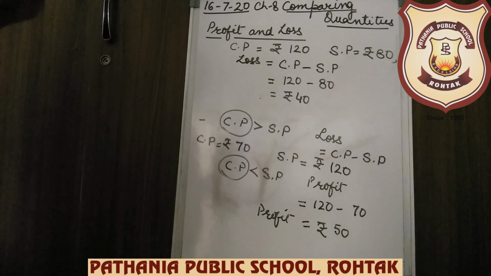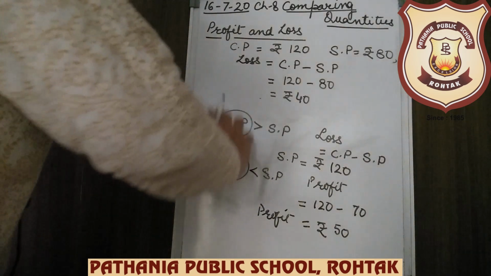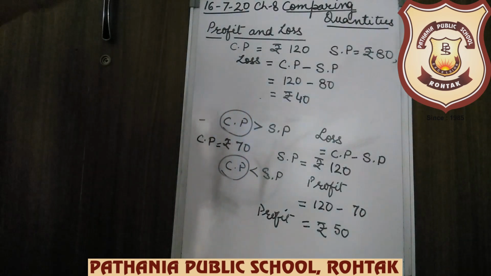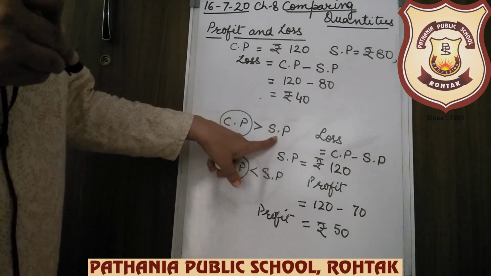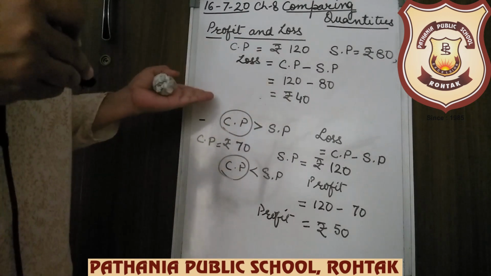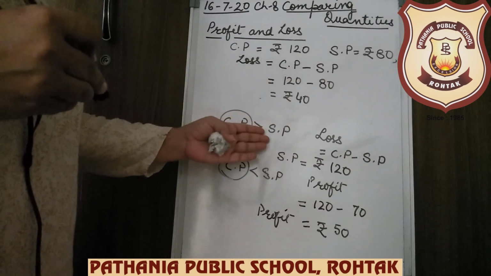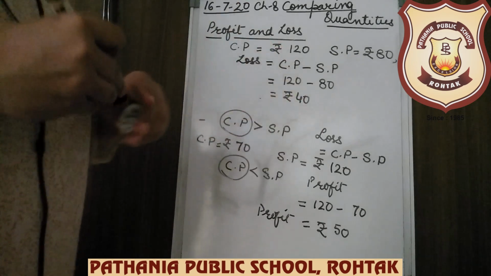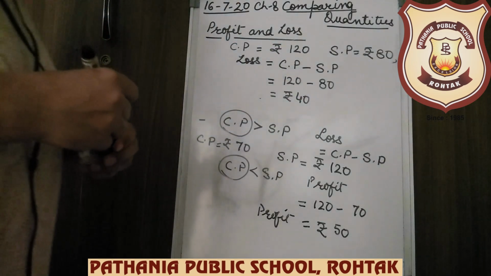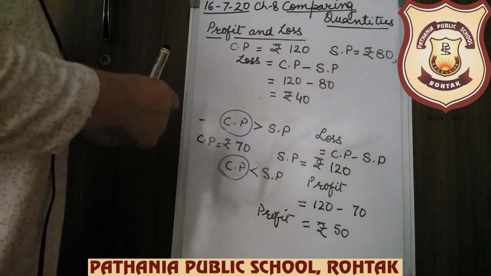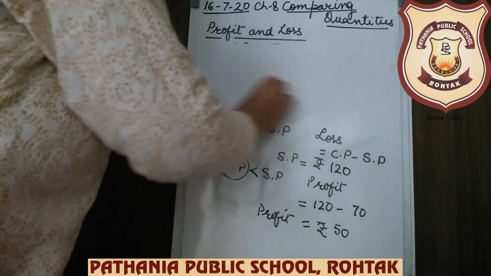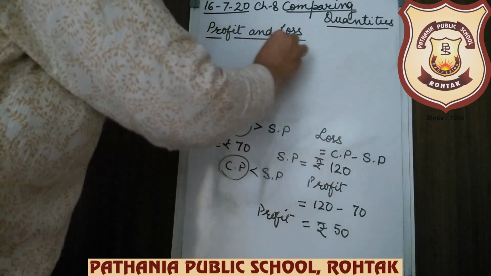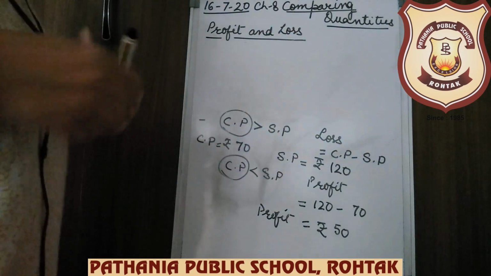Selling price is what the shopkeeper has to give, but cost price is always fixed for him. So according to that, if the selling price is bigger, there is profit, and if the selling price is smaller, there is loss. Now we will do how to find the profit percent and the loss percent.